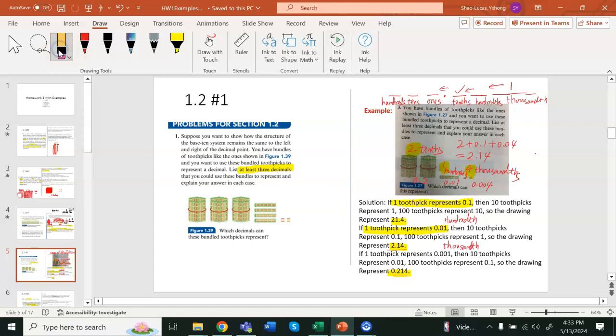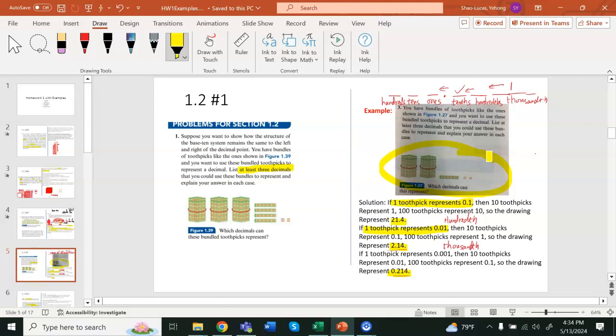You could make the value any number you want, and use the same drawing to represent different numbers. So this drawing, all these toothpicks together, could represent 21.4. It could also represent 2.14, or it could represent 0.214. Whichever it is depends on the value of one single toothpick.